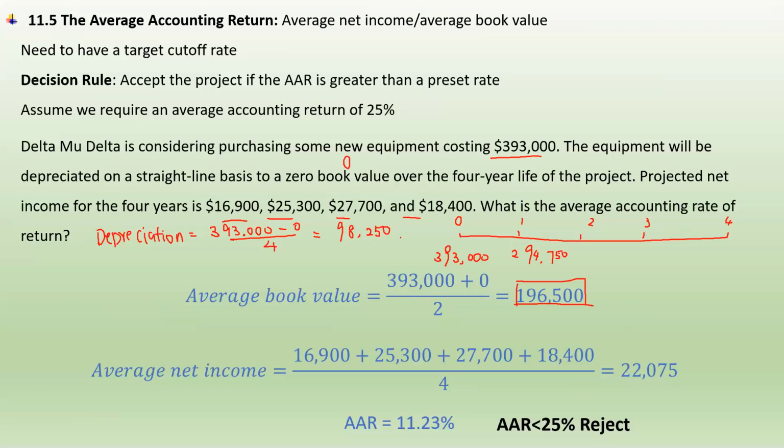At the end of year 2, the book value will be the book value at the end of year 1 minus depreciation again. At the end of year 3, it will be the book value at the end of year 2 minus the depreciation again.